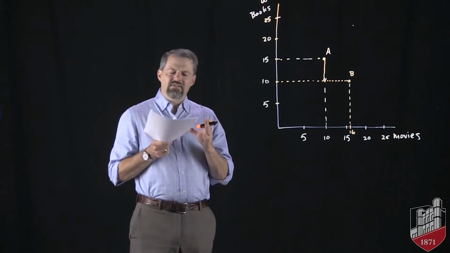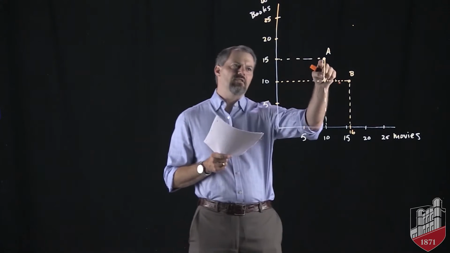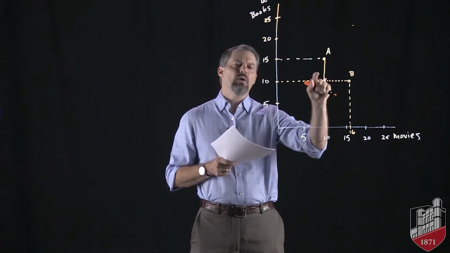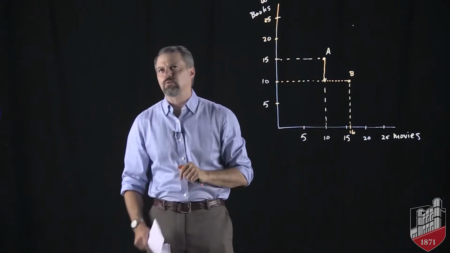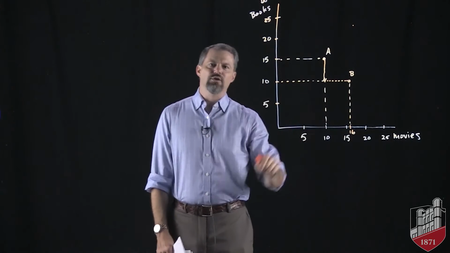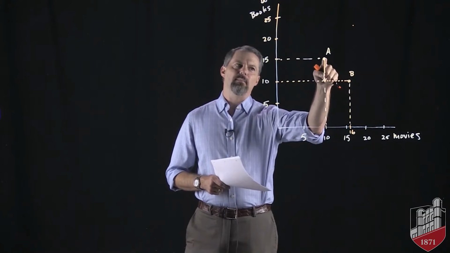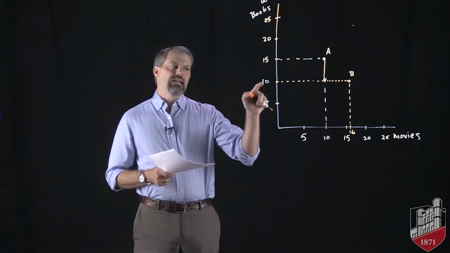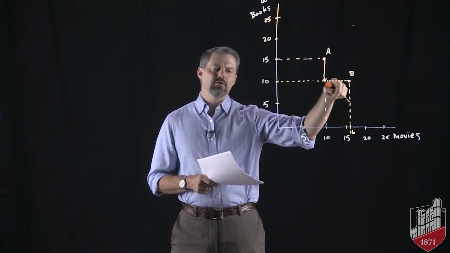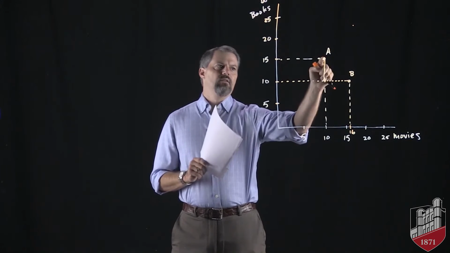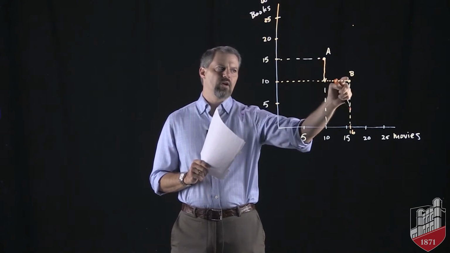So we're thinking about this thought experiment where we take a certain amount of books away from the consumer, but we compensate them for that loss with additional movies. And our consumer says, okay, if you take 5 books away, you need to give me 6 movies, and then I will not care whether I'm at point A or point B. So what we found there is another bundle, bundle B, such that the consumer is indifferent between bundle A and bundle B. They do not care whether they're here or whether they're here.